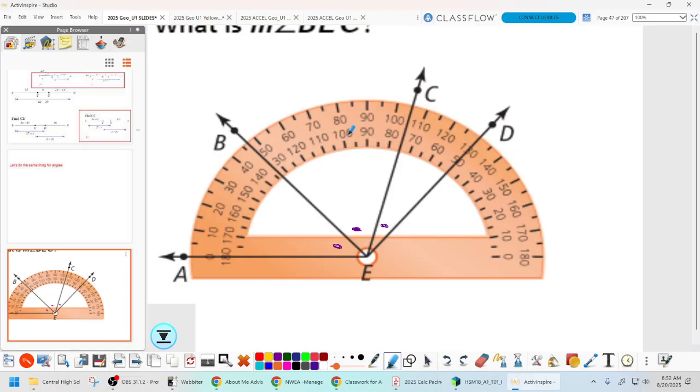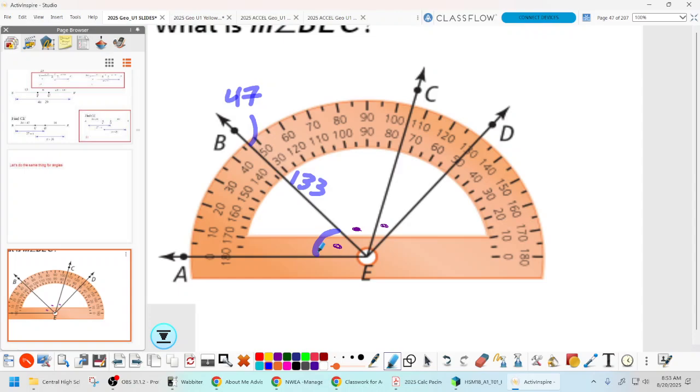Okay. Well, let's be clear on what these say. If we use the top one, that would say like 47. If we use the bottom one, that's like 133. So if we're talking about this angle right here, should it be 47 or 133? 47. How come? Because 133 is way too big for that.